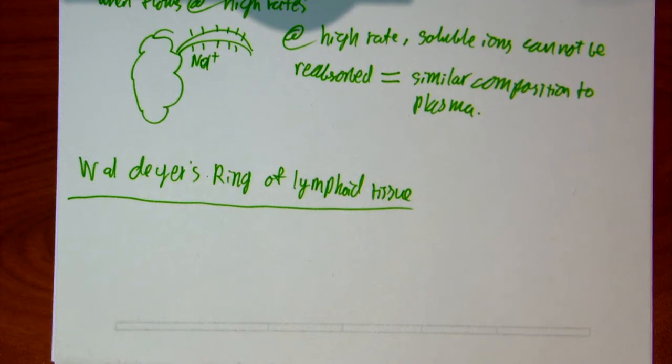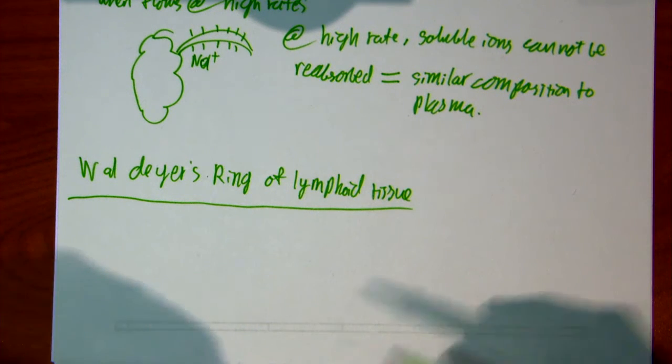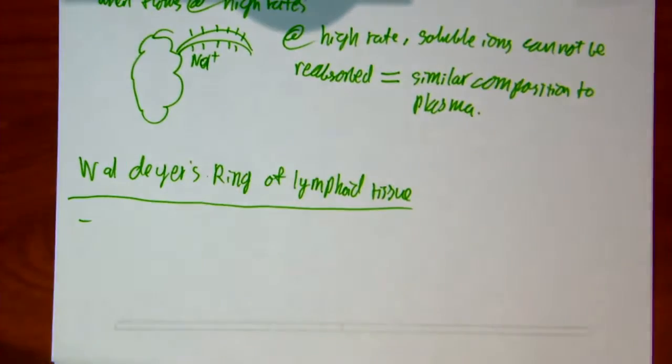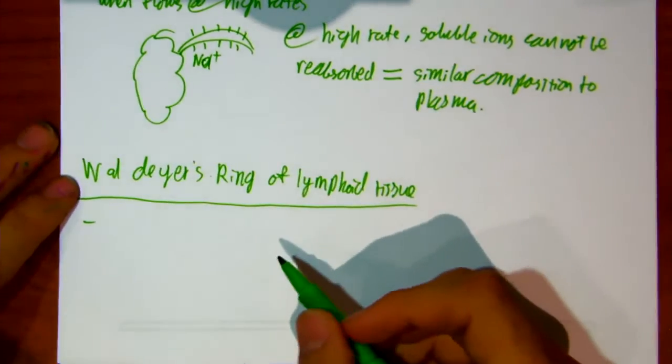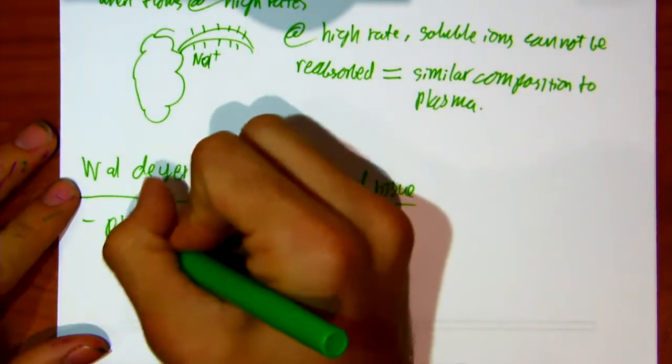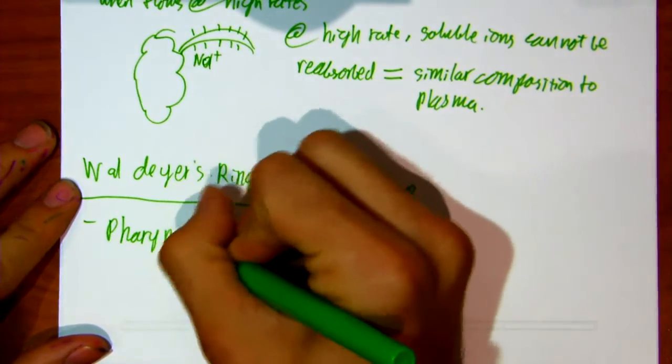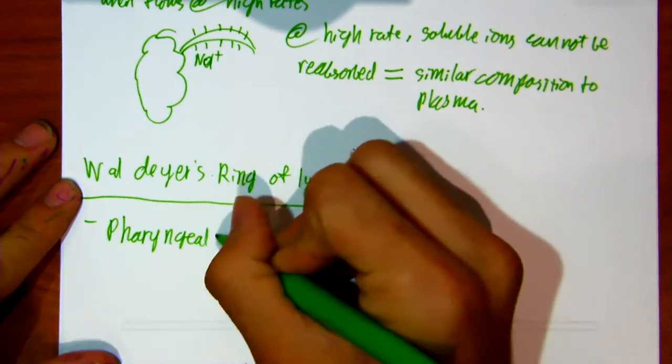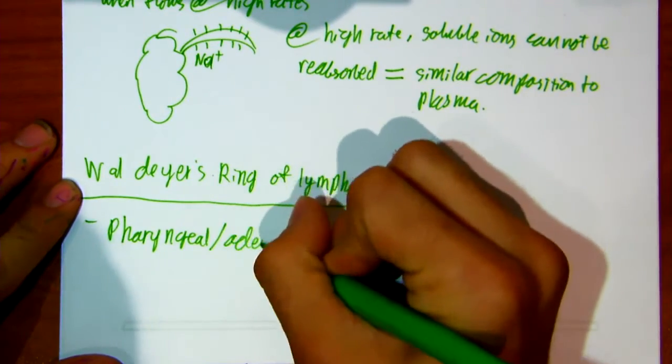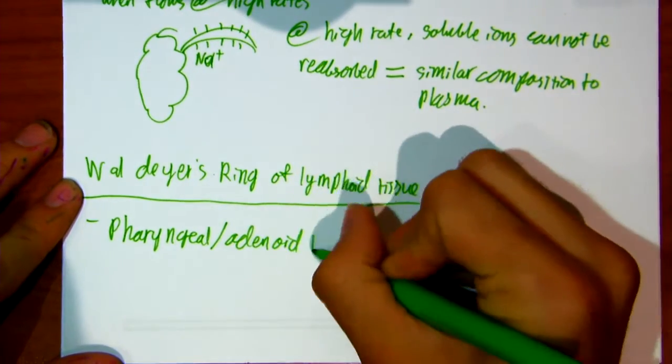It protects your oral cavity from a lot of invasive pathogens. Let's talk about some of the structures that compose Waldeyer's ring. You'll have the pharyngeal tonsils, which can also be called adenoid tonsils.